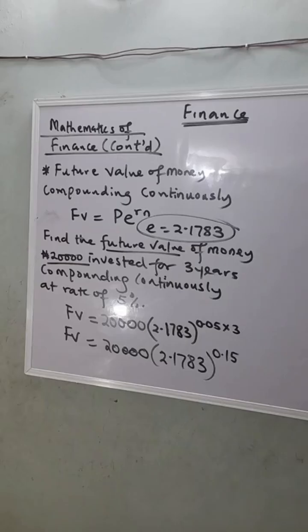Let me run my own calculator: 2.1783 raised to the power of 0.15, multiply the results by 20,000 naira.